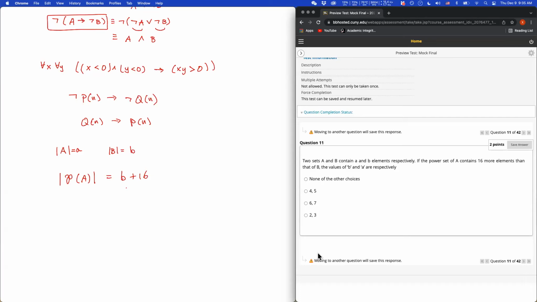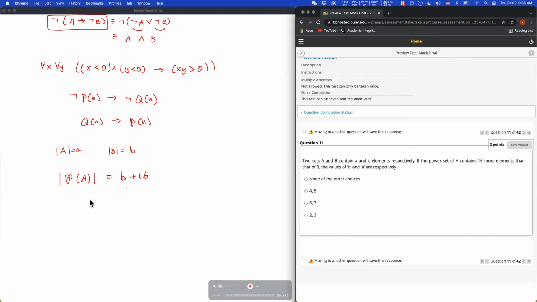Now it's asking which of the following can represent b and a. Well, if set A has a elements, how many elements does the power set of A contain?